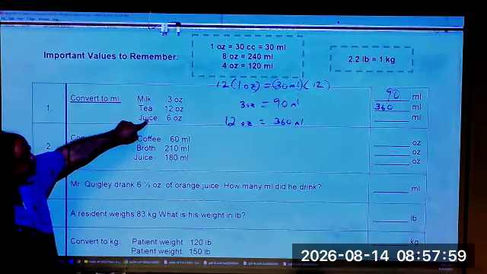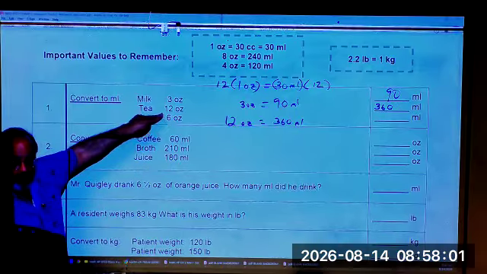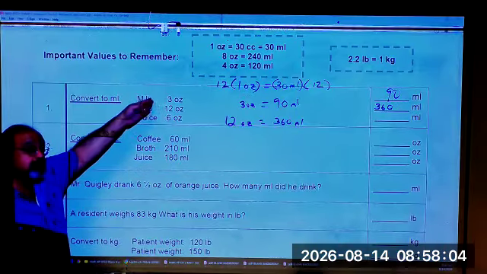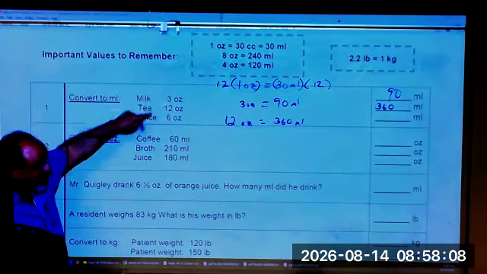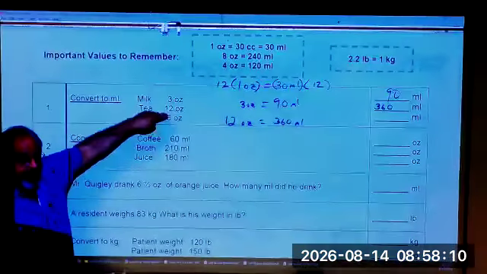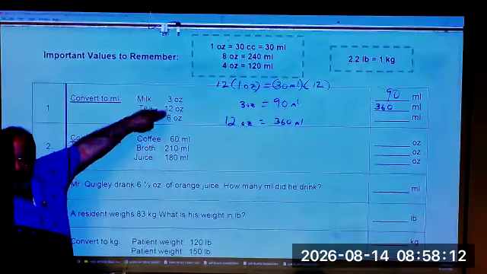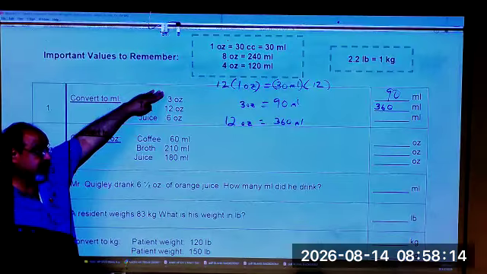Six ounces of juice. Well, how about we look at, maybe we don't have to do the next step because we have some correlation. 6 ounces is half of 12, or 6 ounces is twice 3.